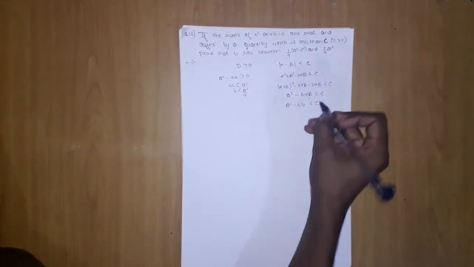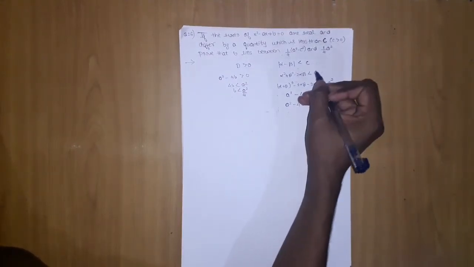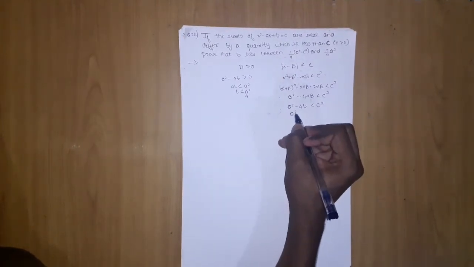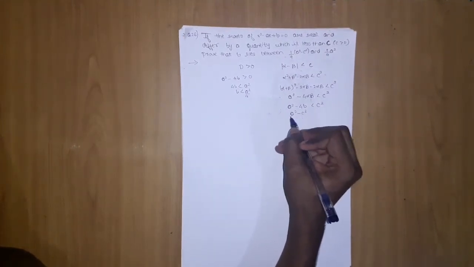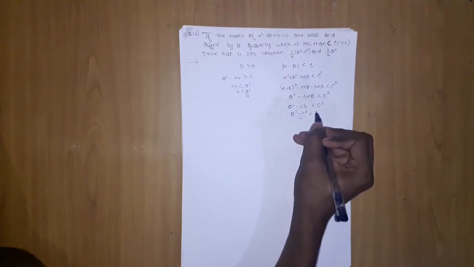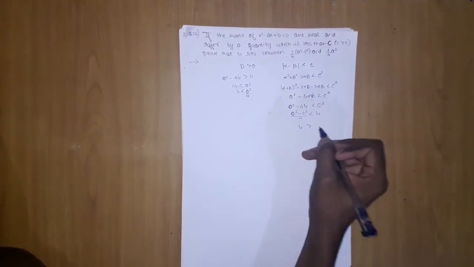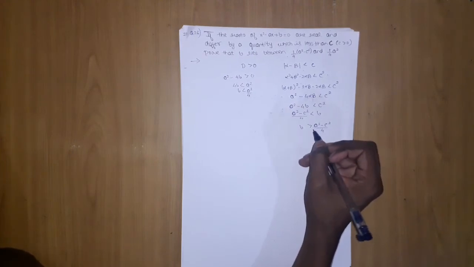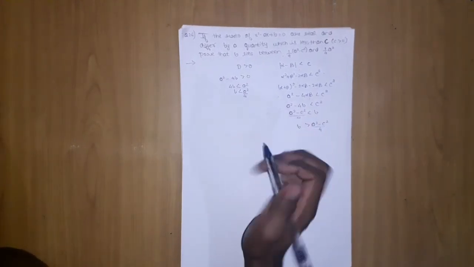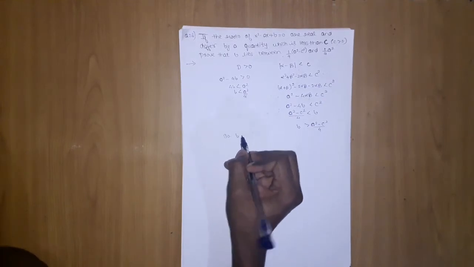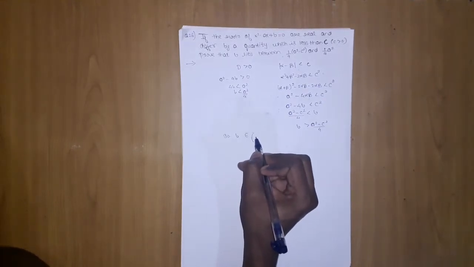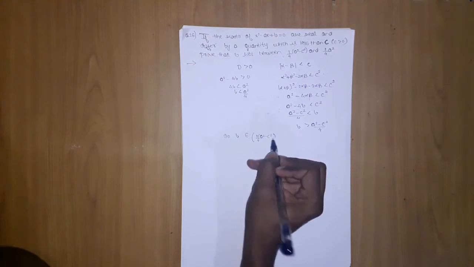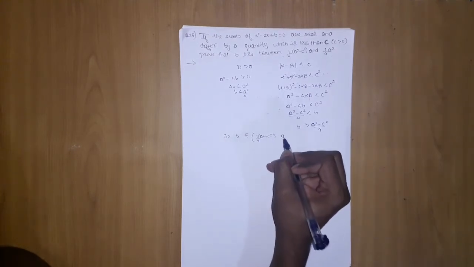Sorry, it will be c square. Now what I will get is a square minus c square upon 4. So b should be greater than this value, a square minus c square by 4. So this is the minimum value and this is the maximum value. So b belongs from 1 by 4 into a square minus c square, to a square by 4.